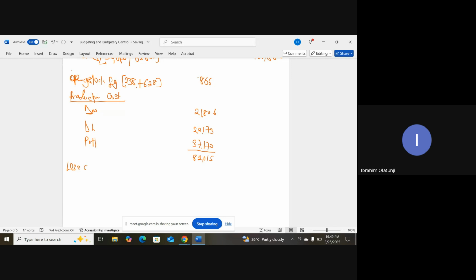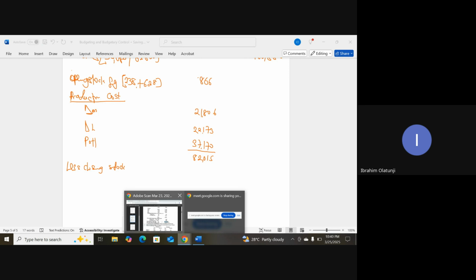Less closing stock. For that closing stock, you just check your question and cast it.